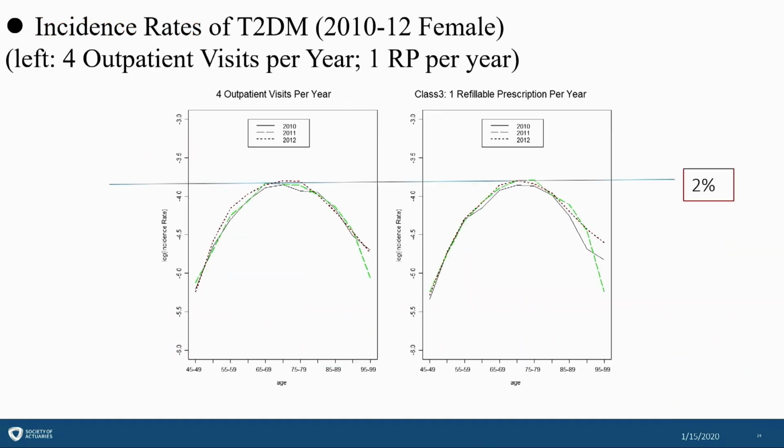That's what we can see in the graph of the incidence rate of type 2 diabetes. On the left is 4 outpatient visits. On the right is 1 RP per year. It's almost similar, and they have 2% around 75 years.